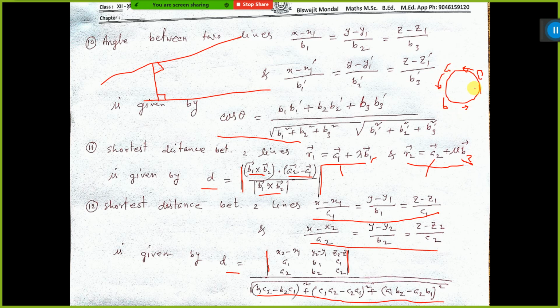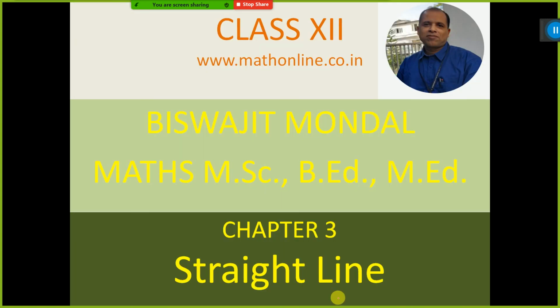B. After B, what is coming? C. So if you take B at first, then after B comes C. So you have to take B1, then C2. If you take C, then after C comes A. So B, then C, then A, this way it will come. You can also write A, B, then B, C, then C, A, this way also you can write. Okay, that's all.